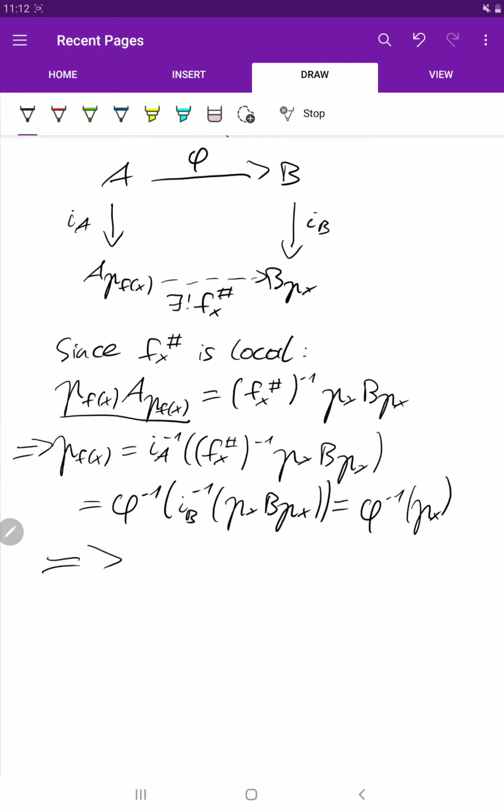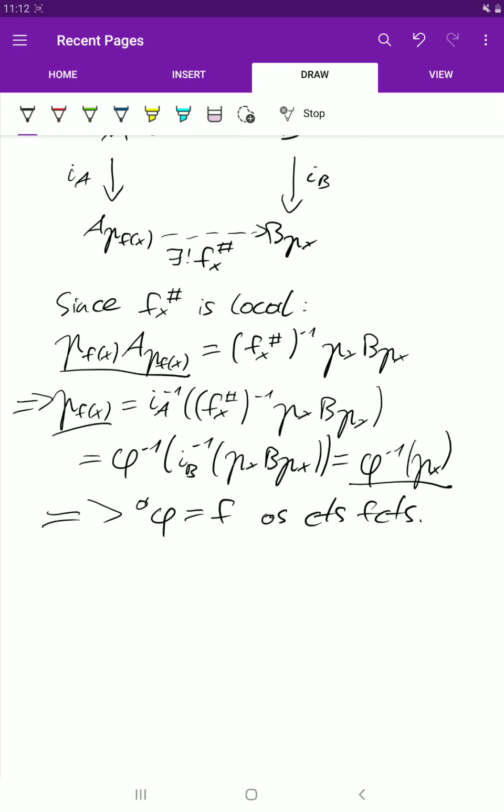Well, what does this tell us? Why did we do this? Well, this tells us immediately that a phi is equal to f as continuous functions. So the prime ideal corresponding to f of x is the same as the pre-image under phi of the prime ideal corresponding to x. So that means that these two are equal.